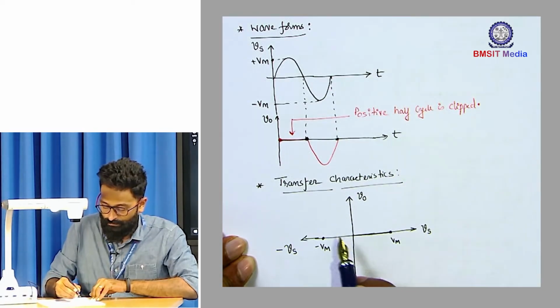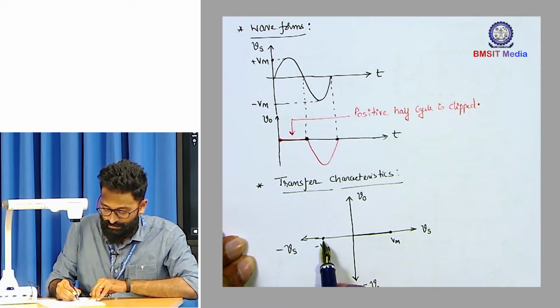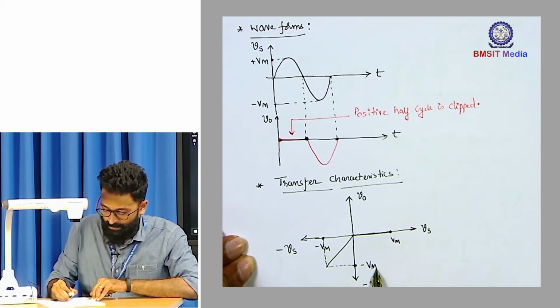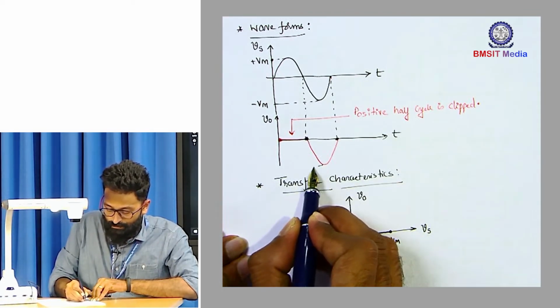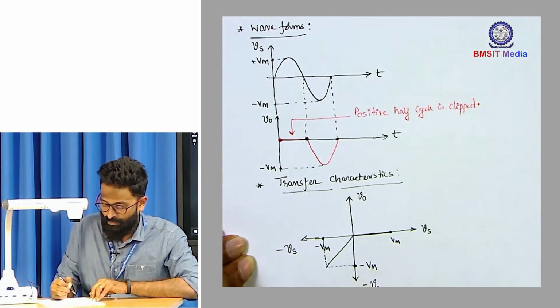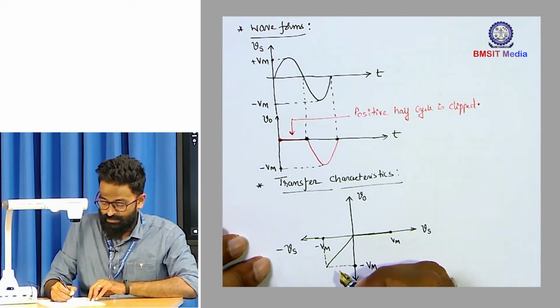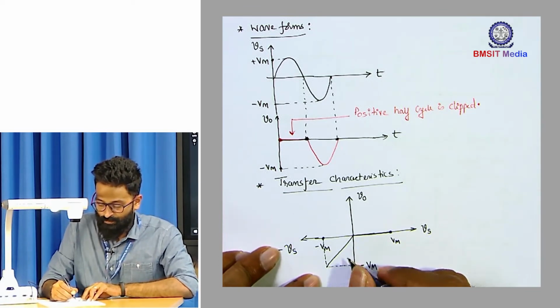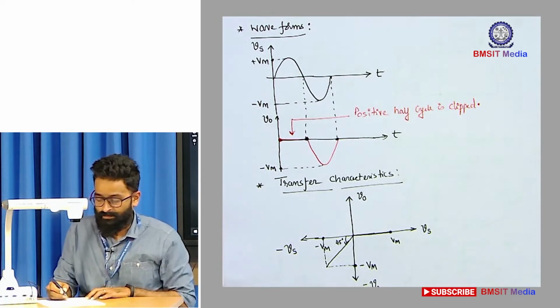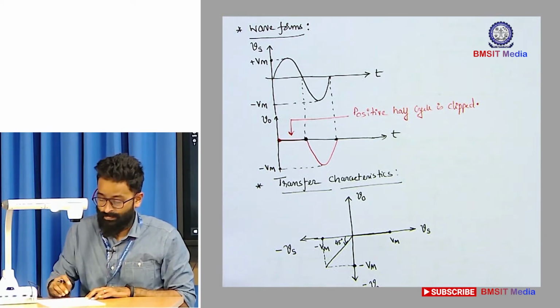So whenever you have an AC signal, there will be a slope, and the maximum value of the output is minus Vm. Okay, so basically you will get an inclined line, and the angle is 45 degrees. So this is your transfer characteristics. All right.